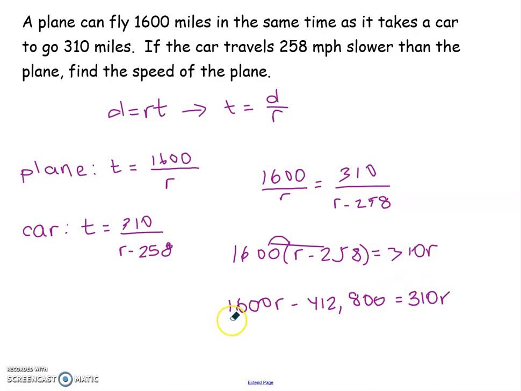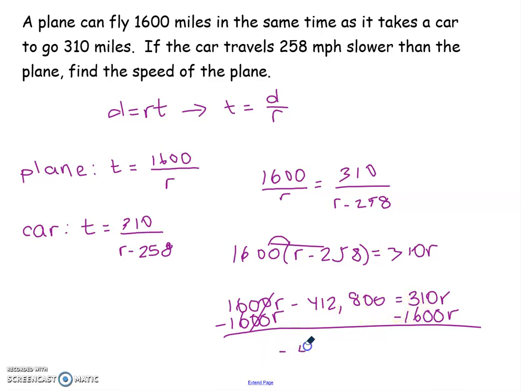So now we want to get like terms on the same side, so we can subtract the 1,600r, bring it over to the other side. So that's gone. Bring it to this side. So now 310 minus 1,600.